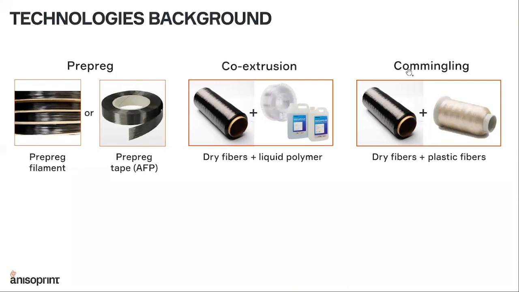And there is one more approach which is also interesting, which uses commingled fibers or commingled fiber tows, where we do not impregnate the reinforcing fiber with the polymer, but rather twist together high strength reinforcing fibers with polymer fibers that, in the process of printing, are melted and spread and impregnate inside the reinforcing fiber to bond the fibers together and to form a composite material.